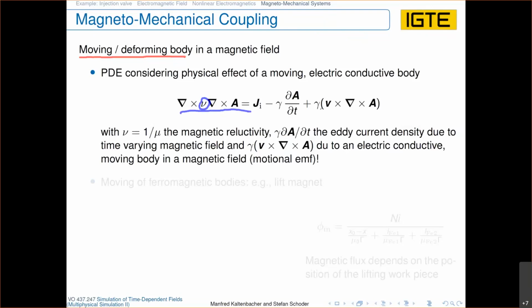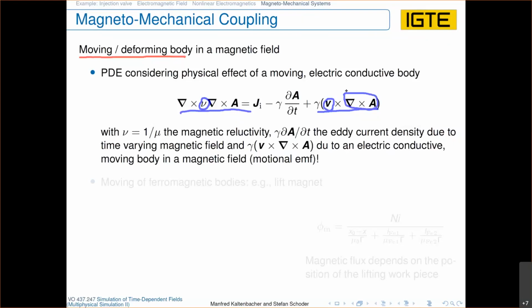And here the very important so-called motional electromotive force term, where in conductive bodies we get the additional current density, which is computed out by the cross product between the velocity v and the magnetic flux density, expressed here by the curl of the magnetic vector potential.